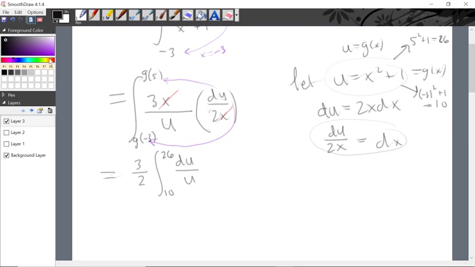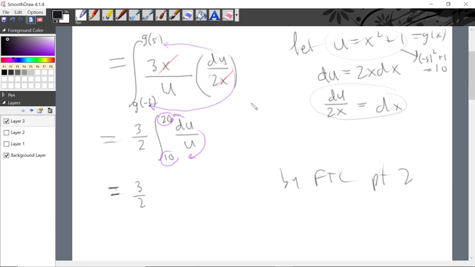Now we have fully transformed this integral from an integral with respect to x into an integral with respect to u. So at this point the substitution is complete. And now we can perform the integration by the fundamental theorem of calculus, part 2.